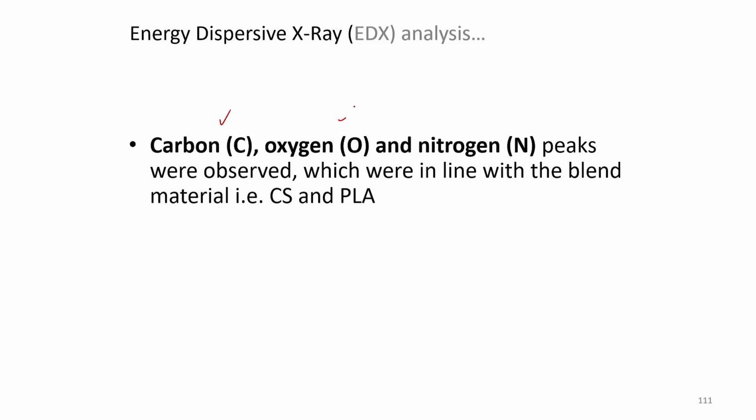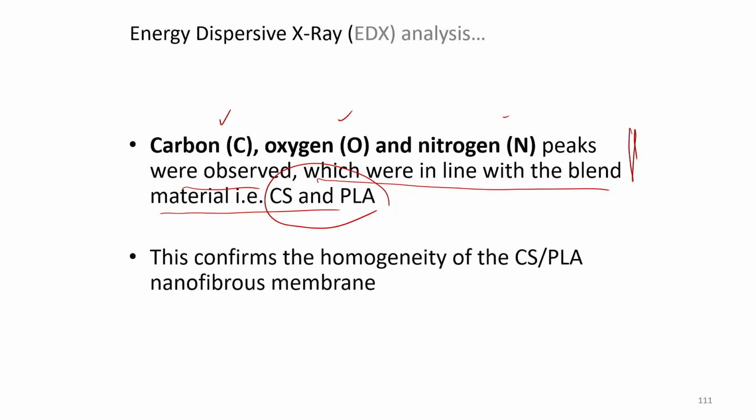Carbon, oxygen and nitrogen peaks were observed, which were in line with the blended material of chitosan and PLA. So, which confirms the homogeneity of the chitosan PLA nanofibrous membrane.